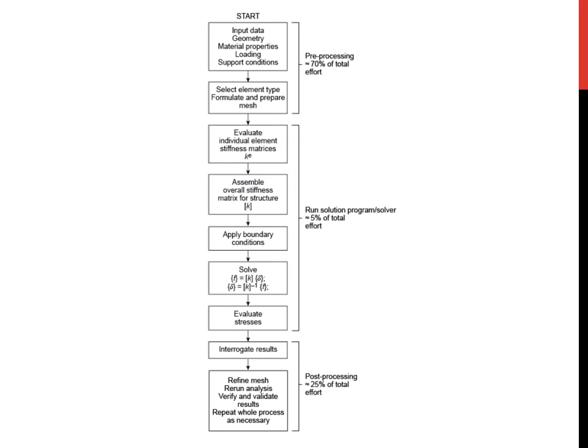The solver step is normally 5% of your effort, because we let the computer calculate. And another 25% is the post-processing, where we validate our results, do the optimization and repeat.